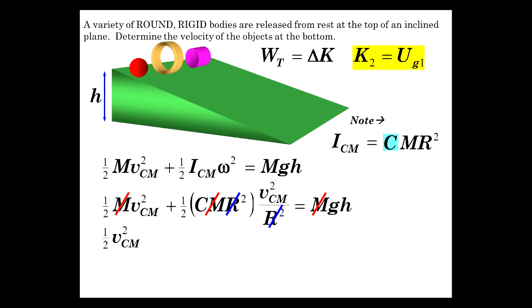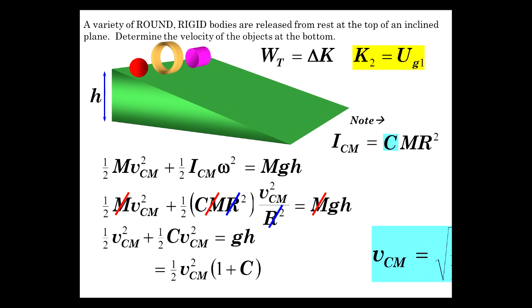Nice cancellations. We have 1/2 v squared plus 1/2 c v squared equals gh. And on the left-hand side, the 1/2 v squared factors out of both terms. We have (1 plus c).